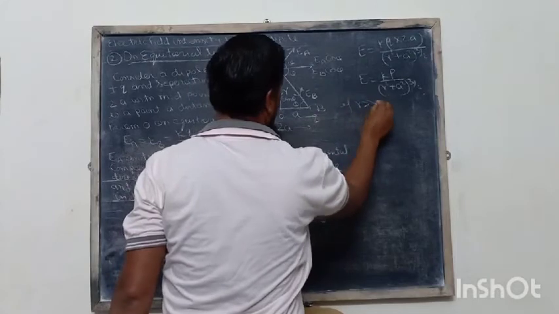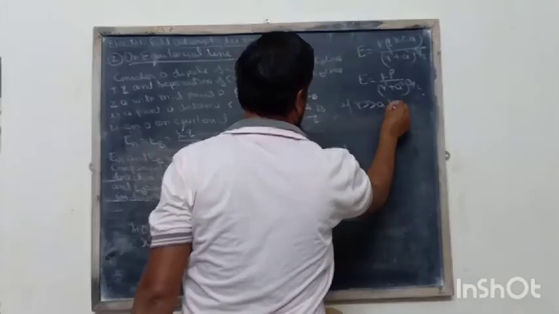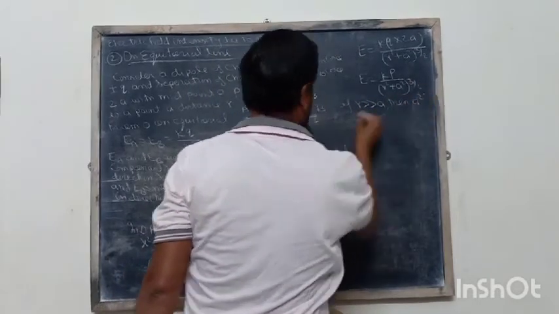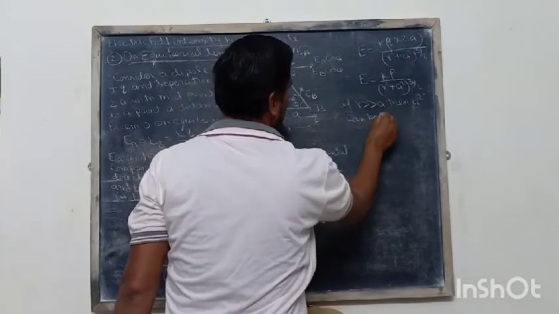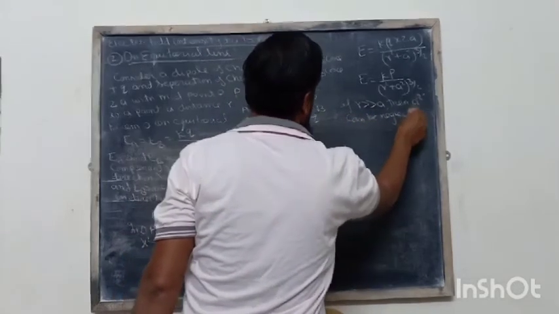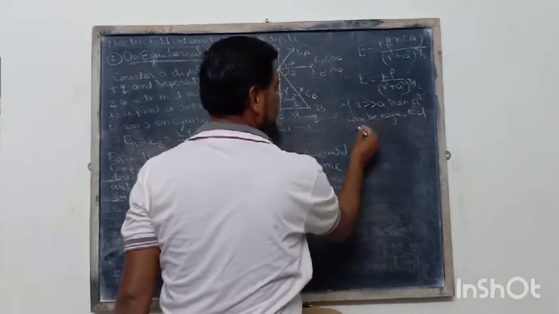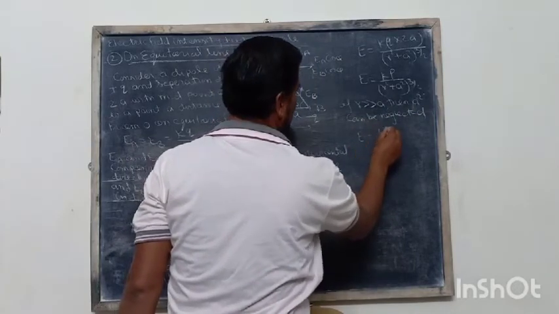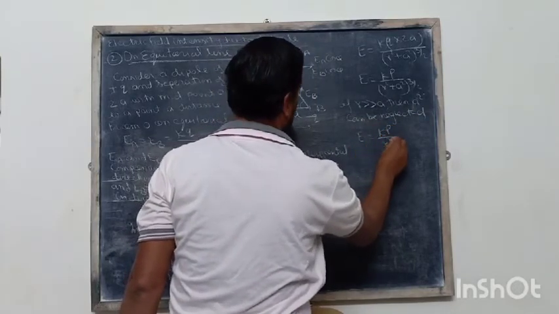If r is very much greater than a, then a square can be neglected. So E is equal to kp upon r cube.